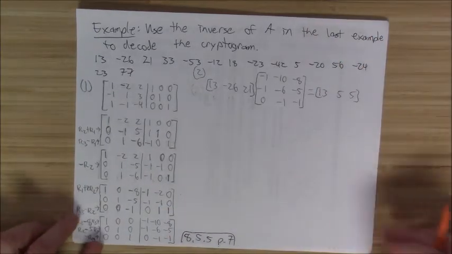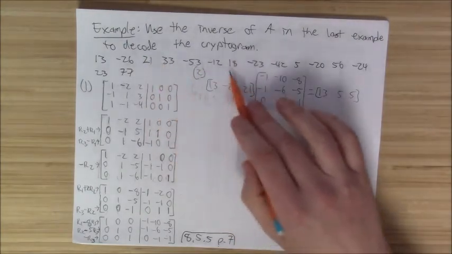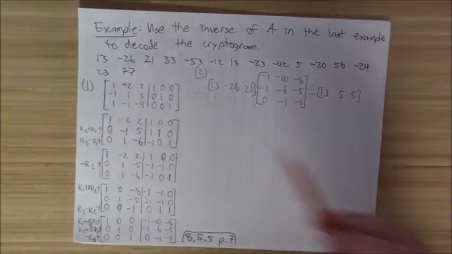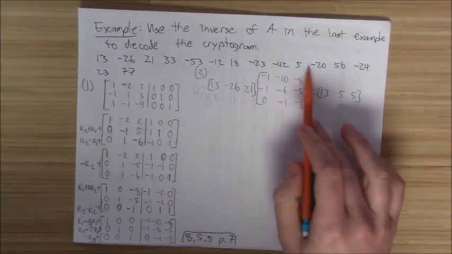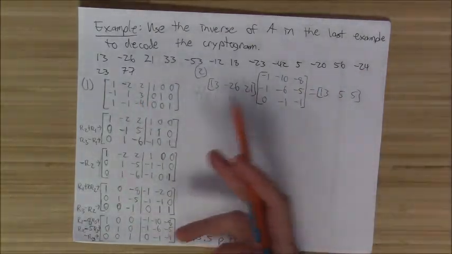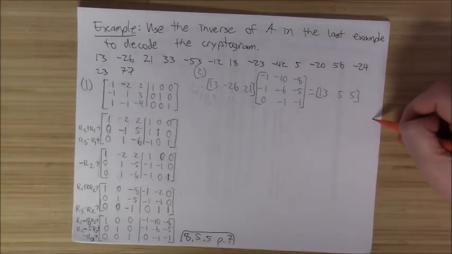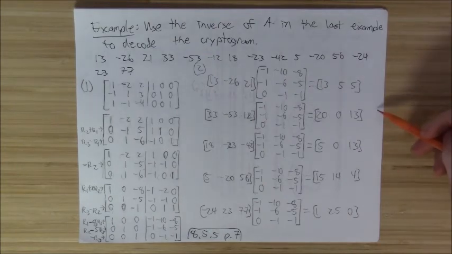Continuing in this way, you end up with the following result for the other four row matrices. The following matrix multiplications are now here.